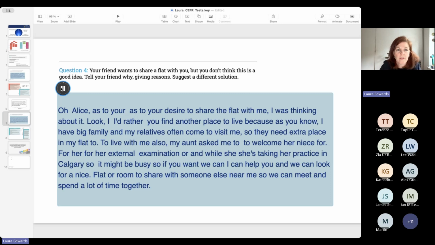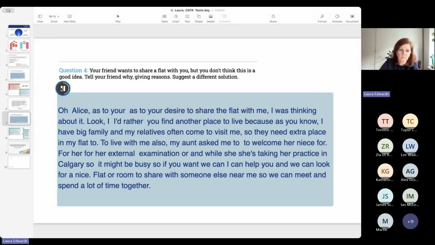Oh, Alice, as to your desire to share the flat with me, I was thinking about it. Look, I'd rather you find another place to live because, as you know, I have big family and my relatives often come to visit me, so they need extra place in my flat to live with me.